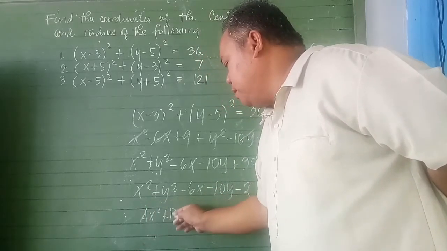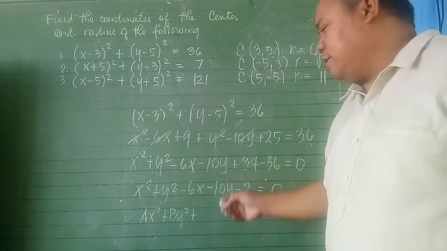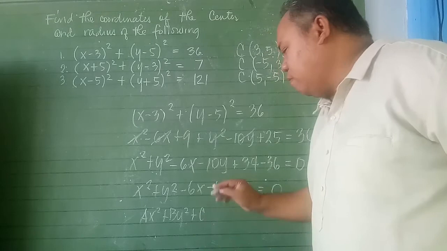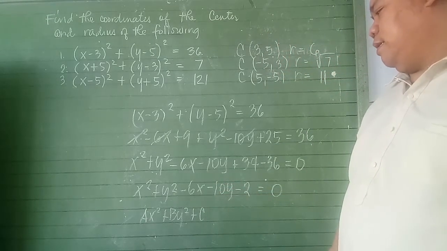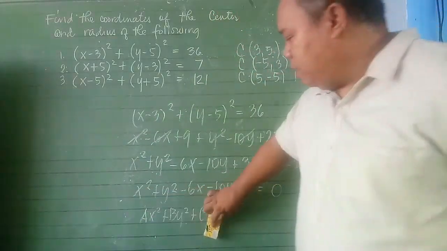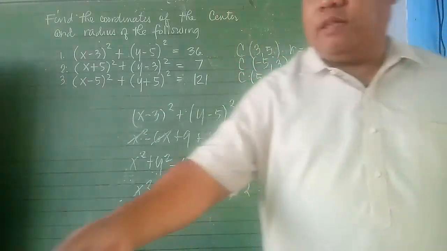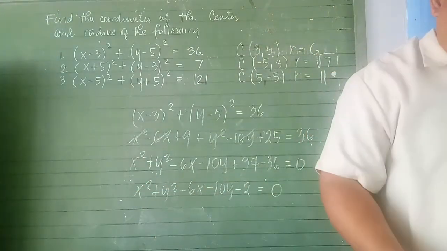So remember, the general form is ax squared plus by squared plus c. So what will be the values of that form?